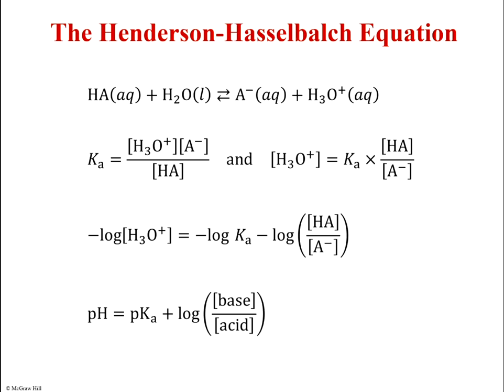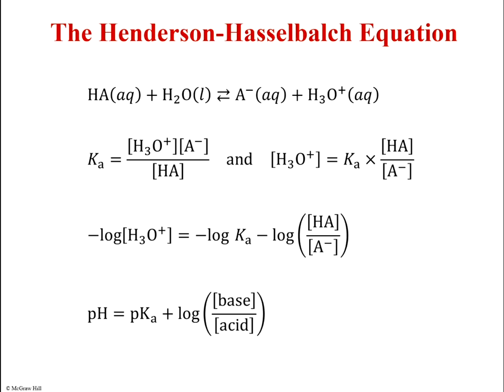We have an equation that we use very regularly, and your textbook shows an approximate expression of what's called the Henderson-Hasselbalch equation. Taking our acid dissociation expression for a weak acid, we see Ka is equal to the hydronium ion concentration times the weak base concentration divided by the weak acid concentration.